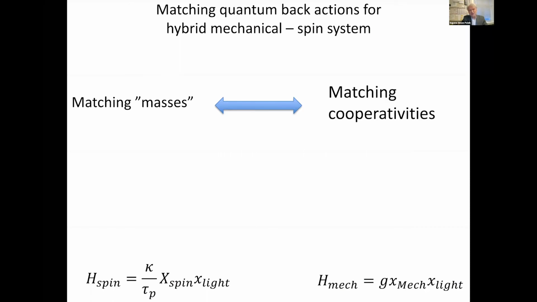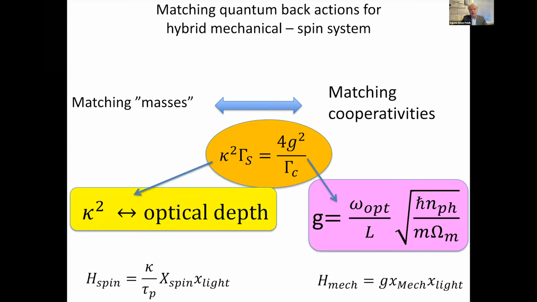Before going to the observation, I actually wanted to give you a glimpse of how we can match the strength of the measurement on the two systems. And I don't want to go into too many details, but just give you the gist of it.